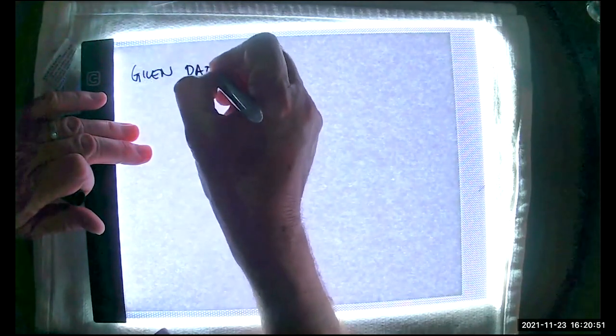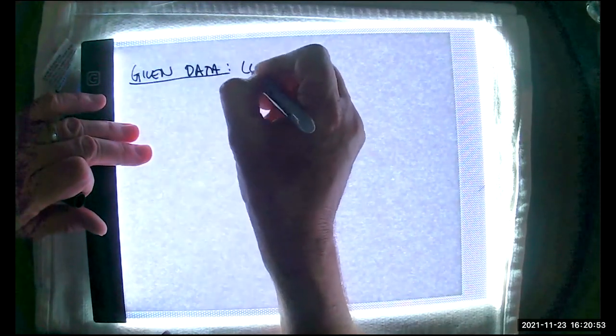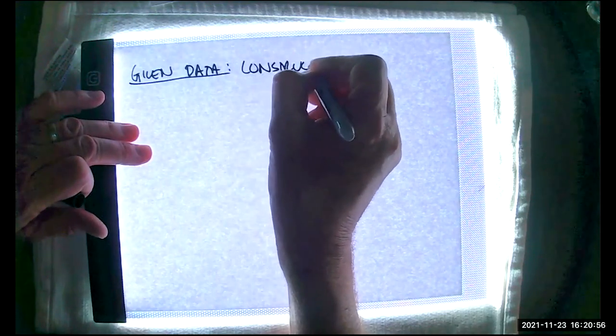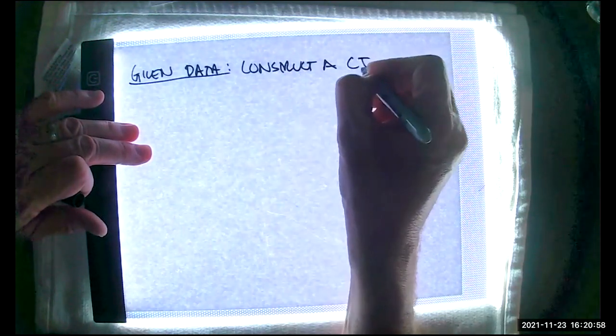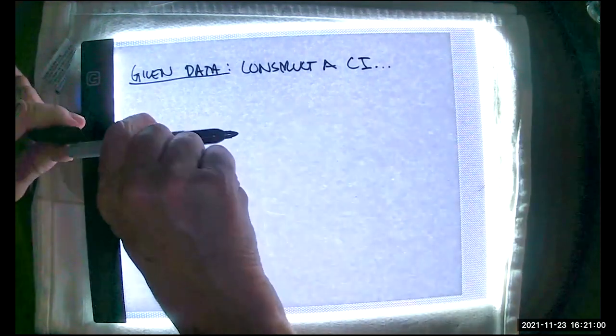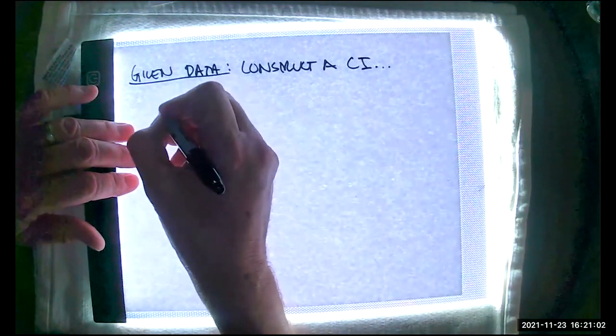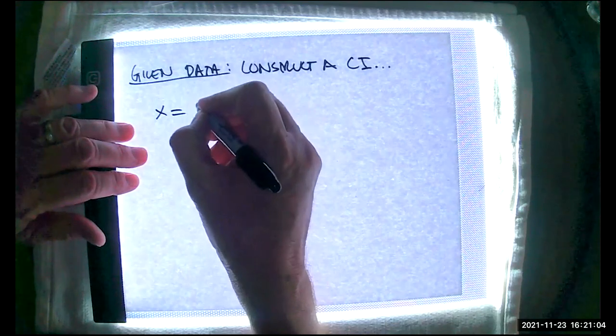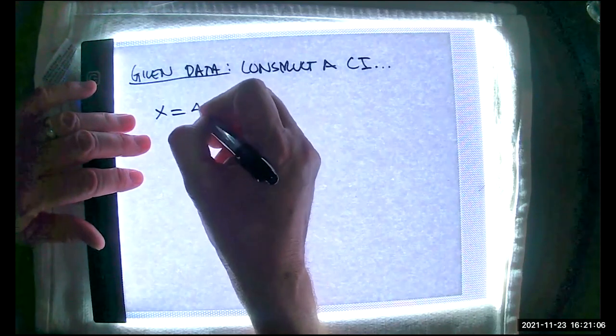Now, the other thing I can ask you to do is, given data, I can ask you to construct a confidence interval for a proportion. So for the sake of argument, let's let x equal 46 again.